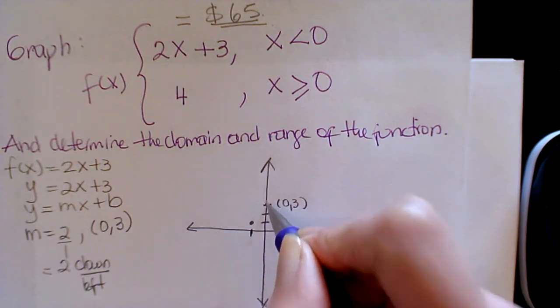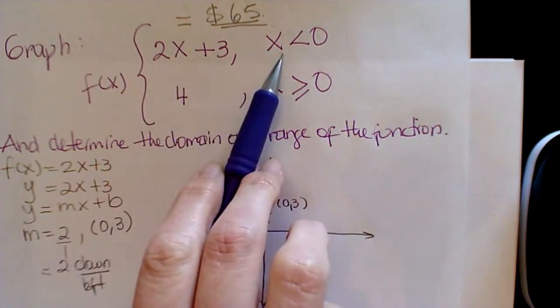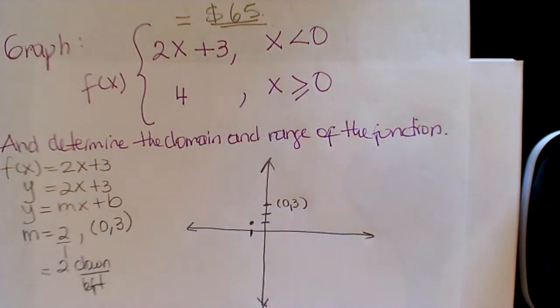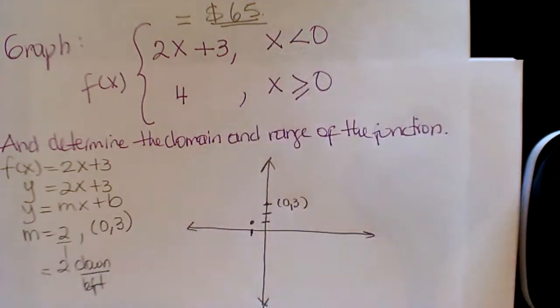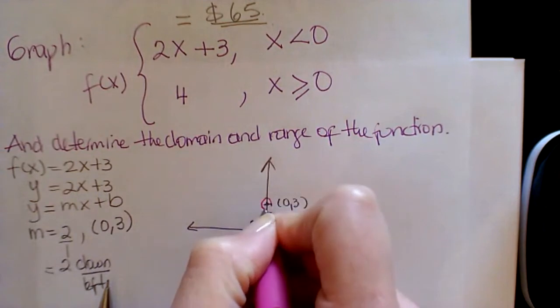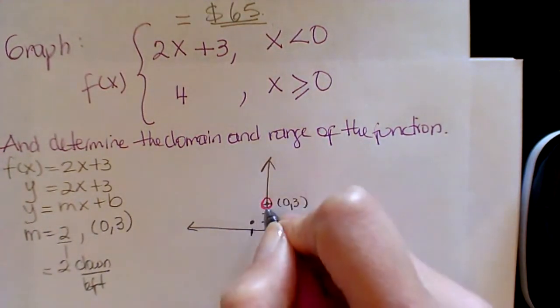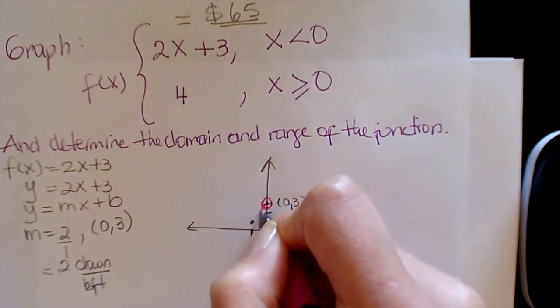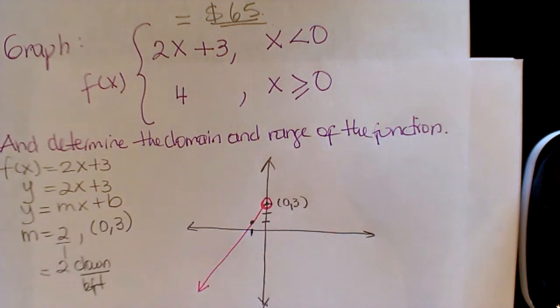But remember, what does it say there? The numbers that are less than 0. So if it's less than 0, it's not including the 0. So this one is not including the number. So we're going to go from there down, okay?